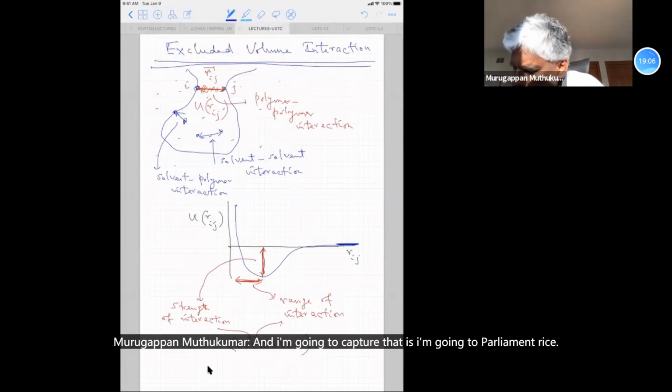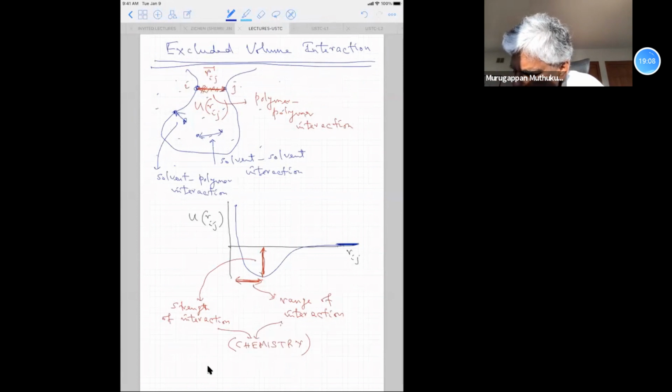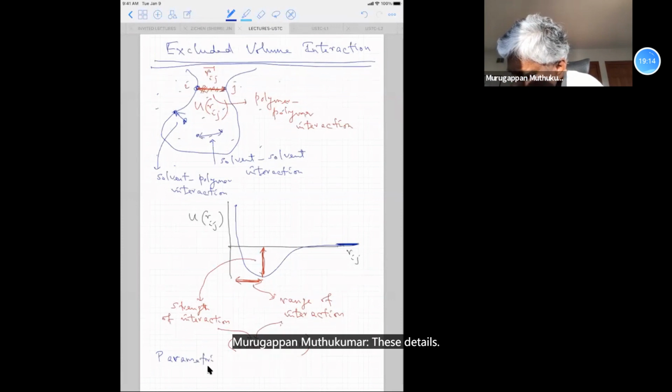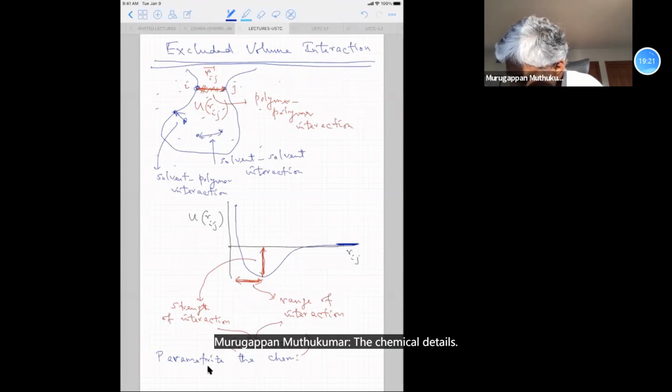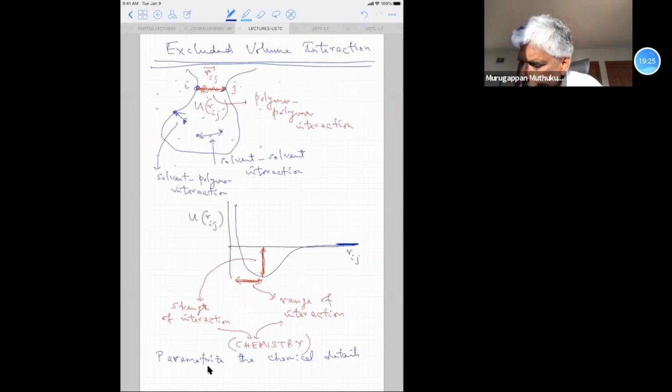I'm going to capture, that is, parameterize, these chemical details as the excluded volume parameter.